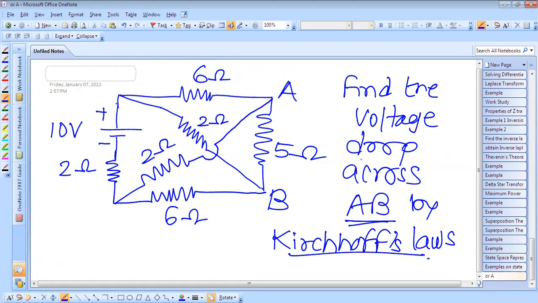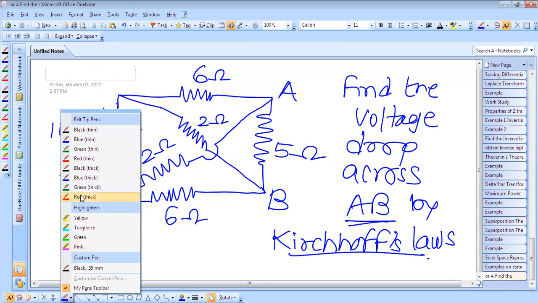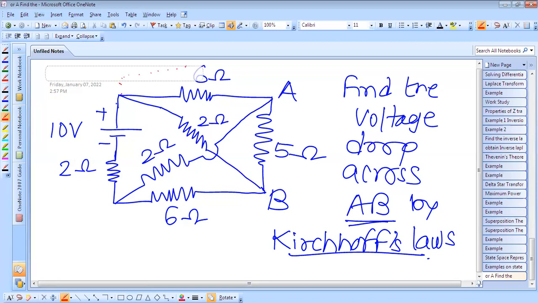Okay. So prima facie it seems very difficult because the structure, or we can say the network, is somewhat complicated, but it will get simpler if you connect this point on this side, and you can also connect this resistance on this side. So we just have to redraw this 2 ohm resistor like this, so that it seems a little bit simpler.